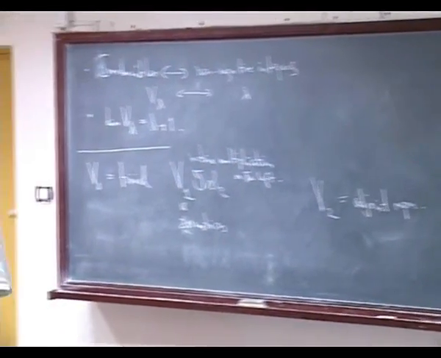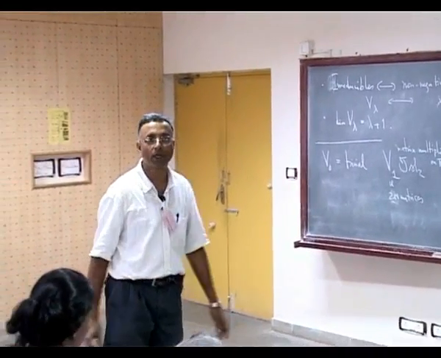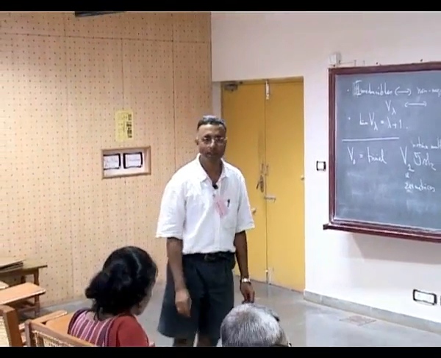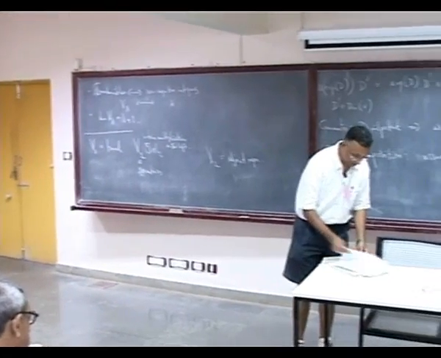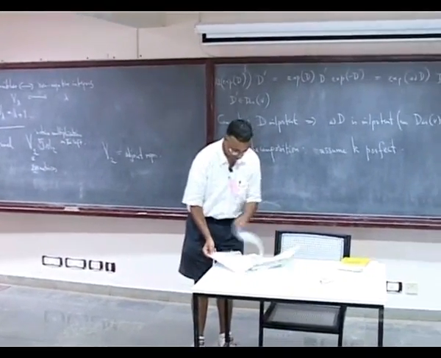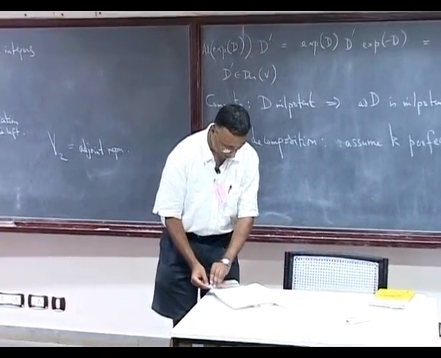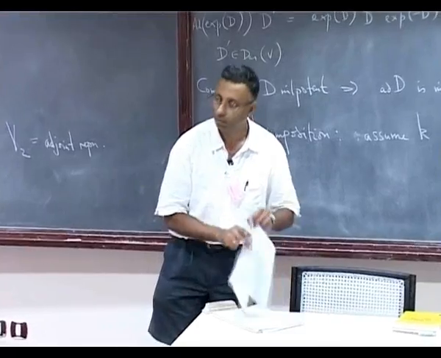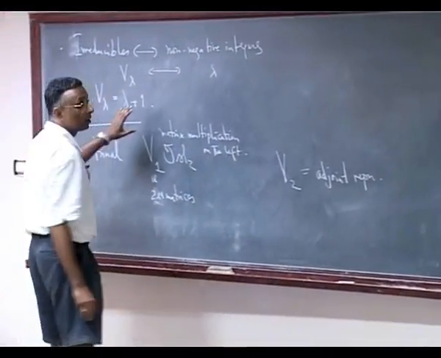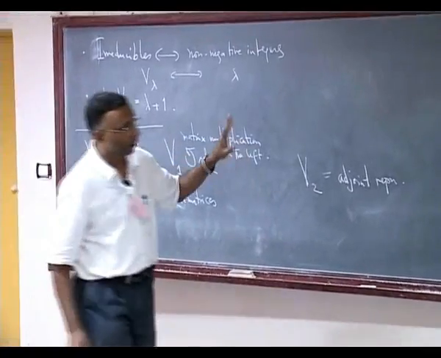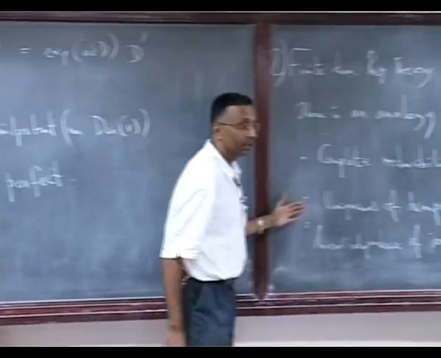Now the question is, what are V3, V4, V5, V6? Among the things that we will answer today will be that. I'll repeat what I said yesterday. We have these two in great generality.